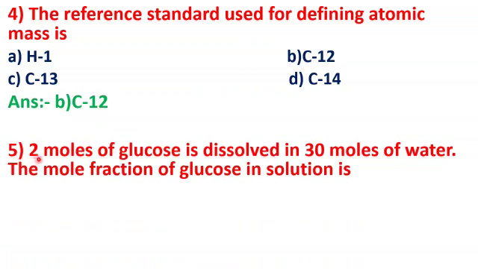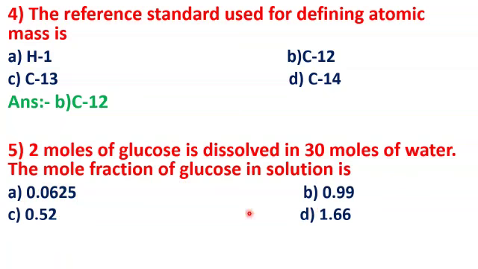Fifth question, 2 moles of glucose is dissolved in 30 moles of water. The mole fraction of glucose solution is? Options are given with different values. So you have to calculate the mole fraction of glucose. The formula is mole fraction of glucose is equal to number of moles of glucose divided by number of moles of glucose plus number of moles of water.